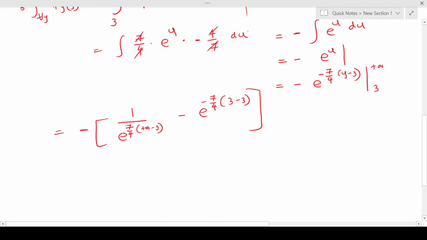So 1 over a really large number becomes 0. Minus, the 3 and 3 cancel, so this is e to the power 0, which is 1. So you have negative times negative 1, which is positive 1. So it integrates to 1 as well.